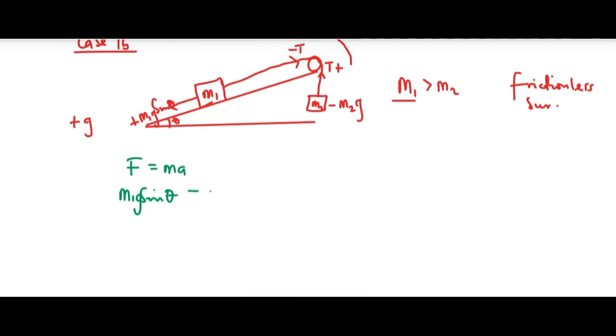So you have minus T equals ma. So this gives you the first equation. The second equation, you have T minus M2G, everything equals to ma. So these are the two equations to look for either your acceleration or your tension.